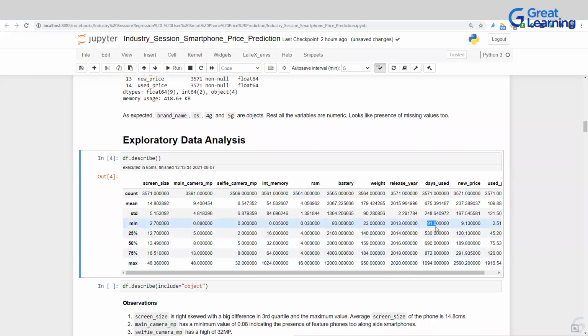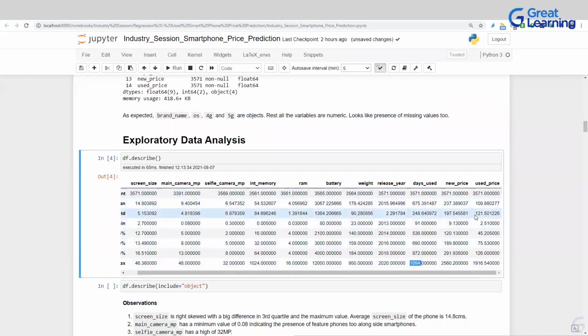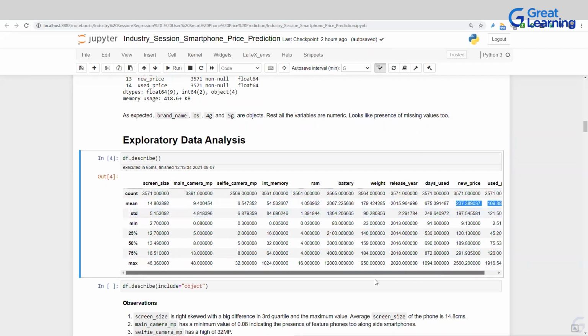Where the newest phone available is 91 days used, and the maximum is more than 3 years. The average price of a new smartphone is 109 euros. And the average price of all the new phones in this data is about 237 euros. So we can get an idea that the phones are approximately priced 50% or less, right?